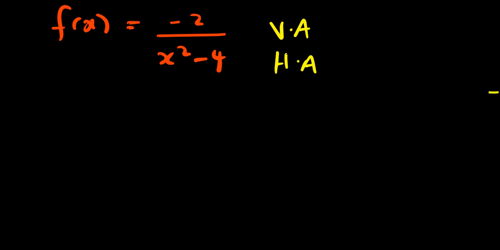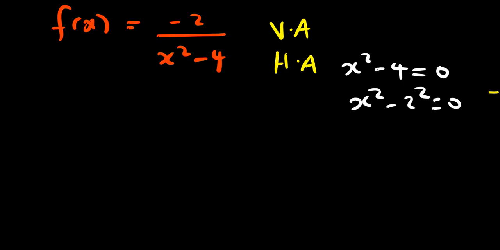Now, when you're finding your vertical asymptote, get the denominator and equate it to 0. So what are you going to have? You're going to say x squared minus 4 should be equals to 0, okay? So in that regard, it will be x squared minus 2 squared is equals to 0. This becomes the difference of 2 squares, okay?